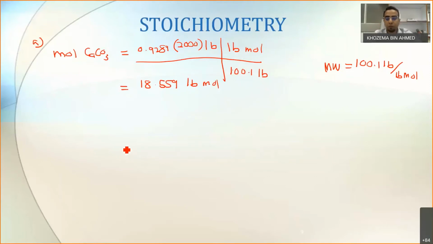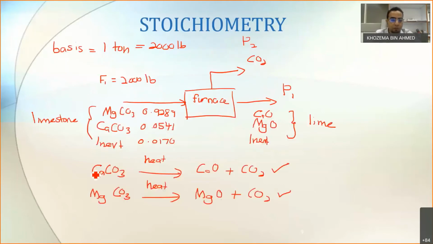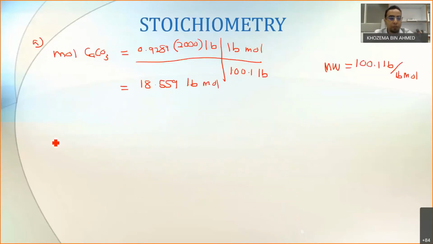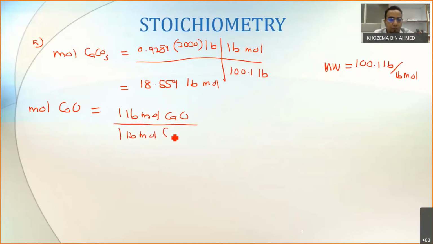Now, I want to find the mass of calcium oxide. If we go back to our equation, we see that the stoichiometric ratio between calcium carbonate and calcium oxide is 1. So in order for me to find the mole of calcium oxide, I know that the ratio is 1 pound mole of calcium oxide over 1 pound mole of calcium carbonate.